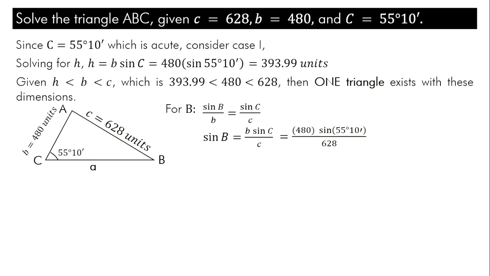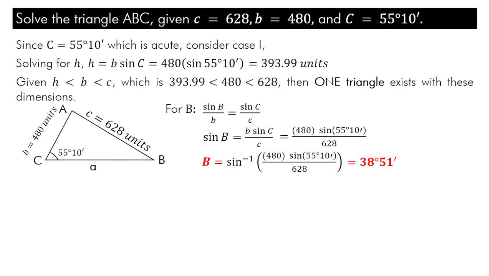Then again, take the inverse to identify the angle B. So we have sine inverse of 480 sine 55 degrees 10 minutes all over 628. Then you can use your calculator, and you'll obtain 38 degrees 51 minutes.